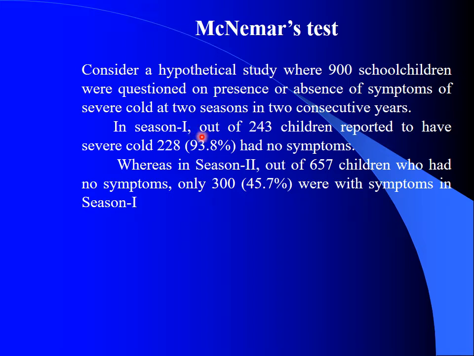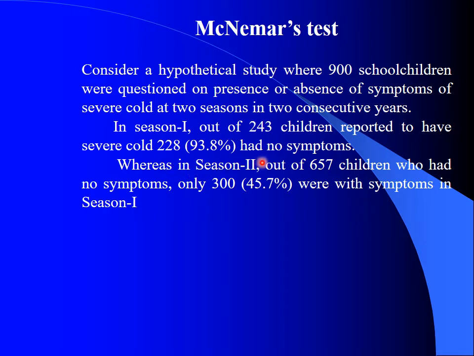In season one, you will see in the example, out of 243 children reported to have severe cold, 228 had no symptoms. So this is one discordant pair, 93%.